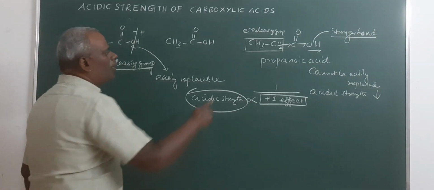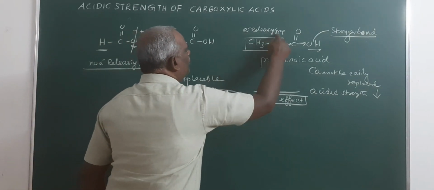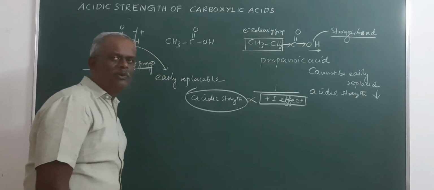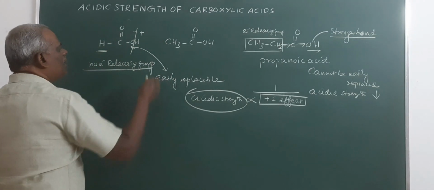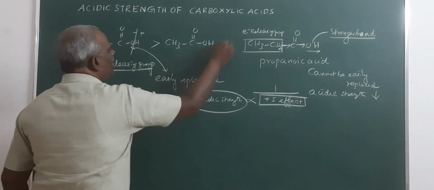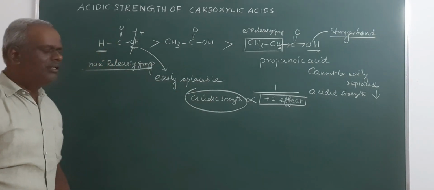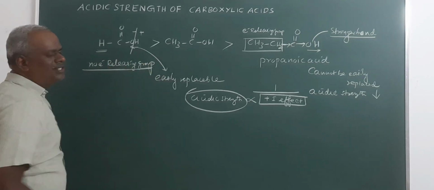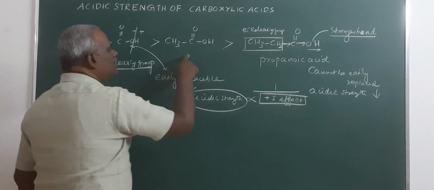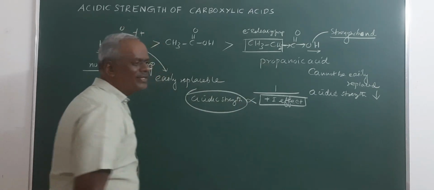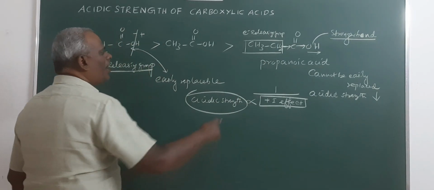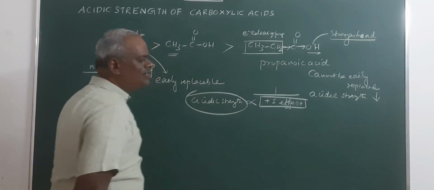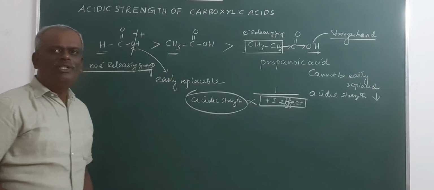So in the case of propionic acid, the inductive effect is greater due to the presence of this ethyl group, electron releasing group. And because of that, this should be the right order of acidic strength. Formic acid is a little stronger than acetic acid. Acetic acid is stronger than propionic acid, because on comparing ethyl and methyl, ethyl is the better electron releasing group than methyl.